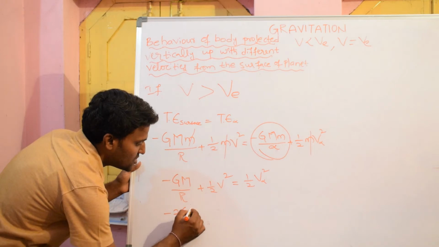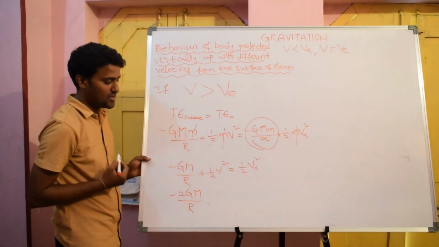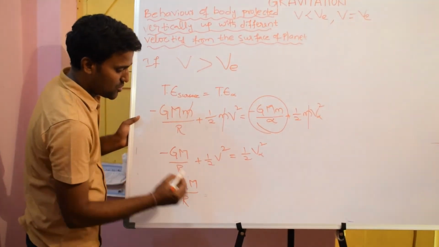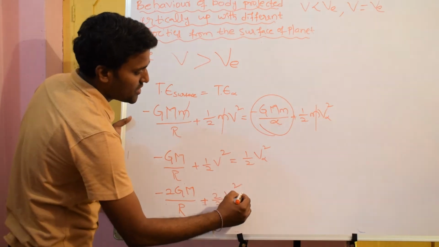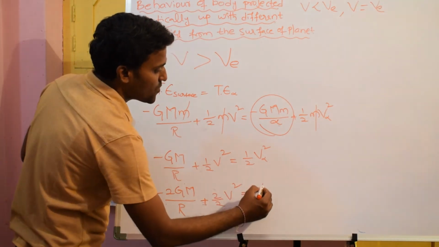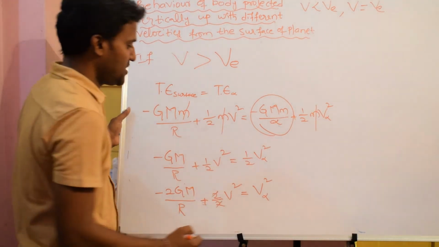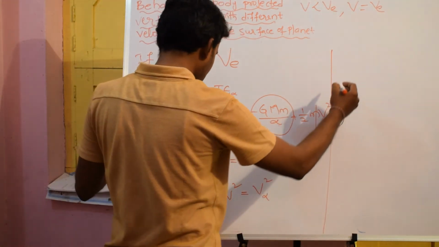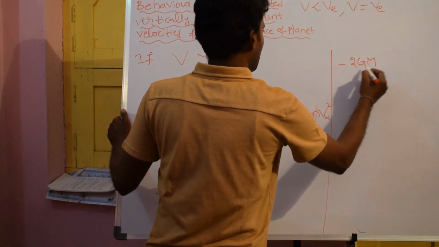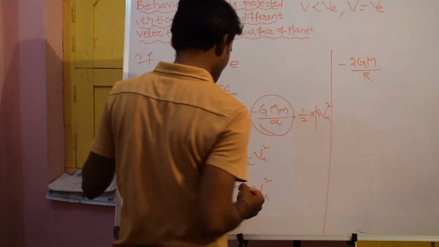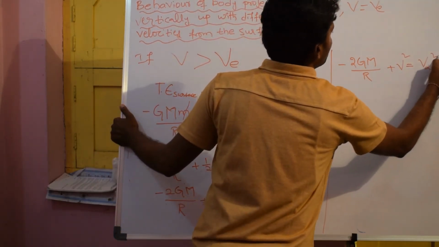Minus 2 G M by R plus v square is equal to v infinity square. See here, the 2 gets cancelled. We can write from this equation minus 2 G M by R plus v square is equal to v infinity square.